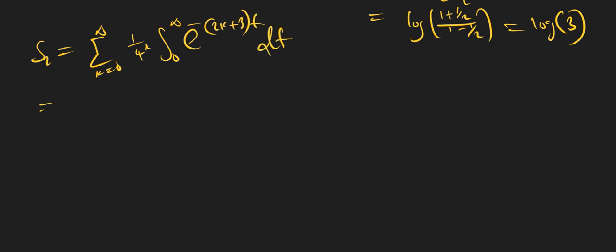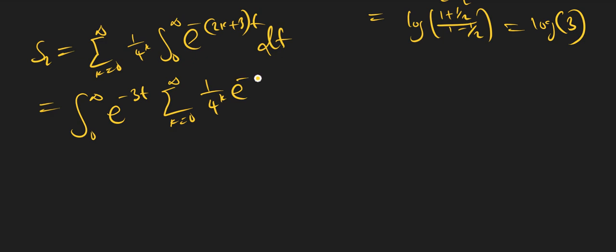So we can swap and get the integral from 0 to infinity of e to the negative 3t times the sum as k runs from 0 to infinity of 1 over 4 to the k e to the negative 2kt dt.